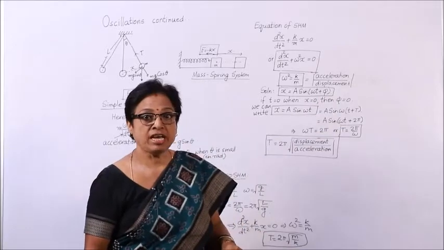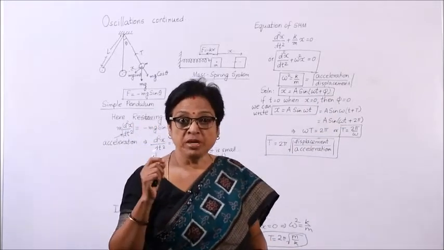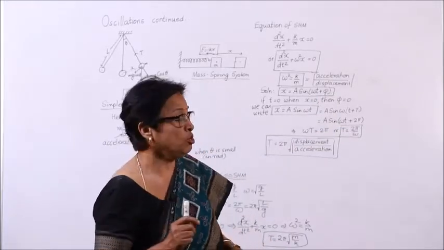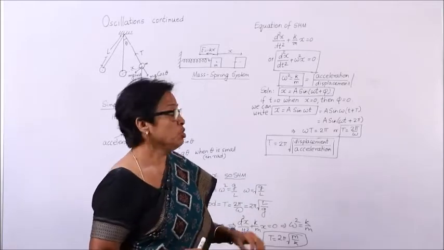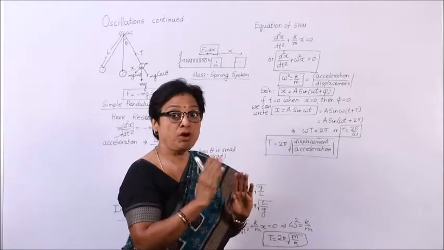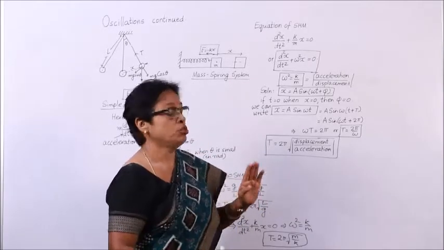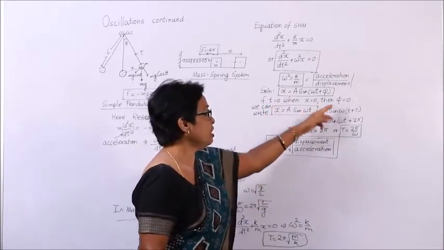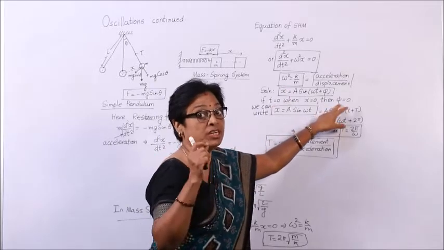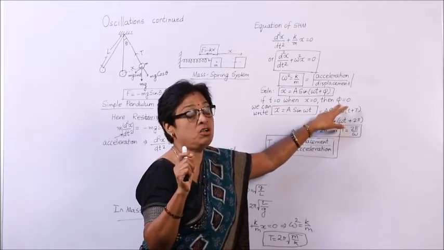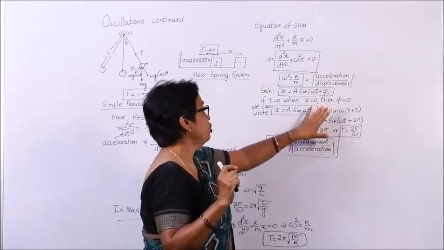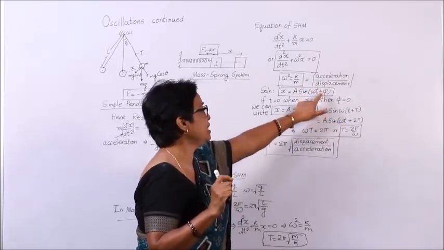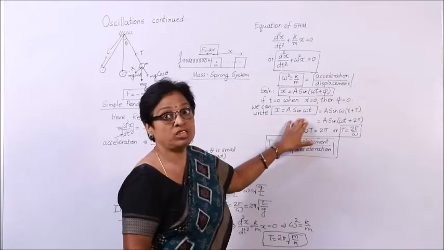So, if you measure the time from the mean position where x is 0, because displacement is measured from the mean position, whatever is the displacement from the mean position, that is x. When the body is at the mean position and we start the time, phi is 0. So, I can neglect this phi and write this as my solution.